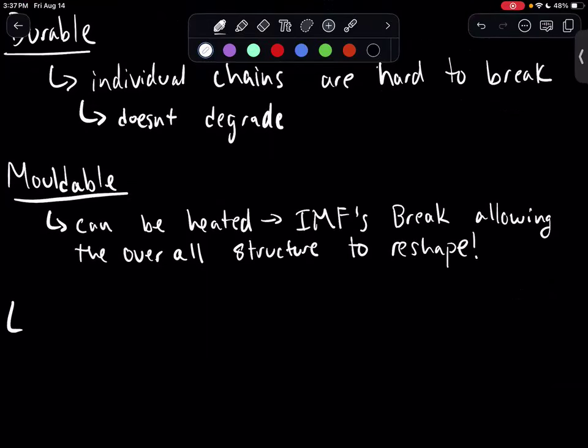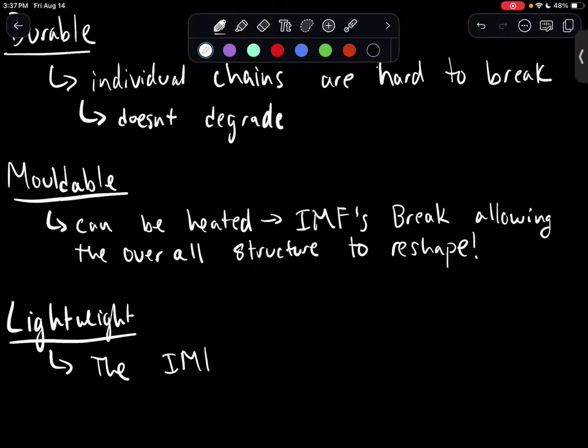So furthermore, plastics are lightweight. Lightweight is because the chains don't actually get that close. The IMFs holding the chains aren't very strong.